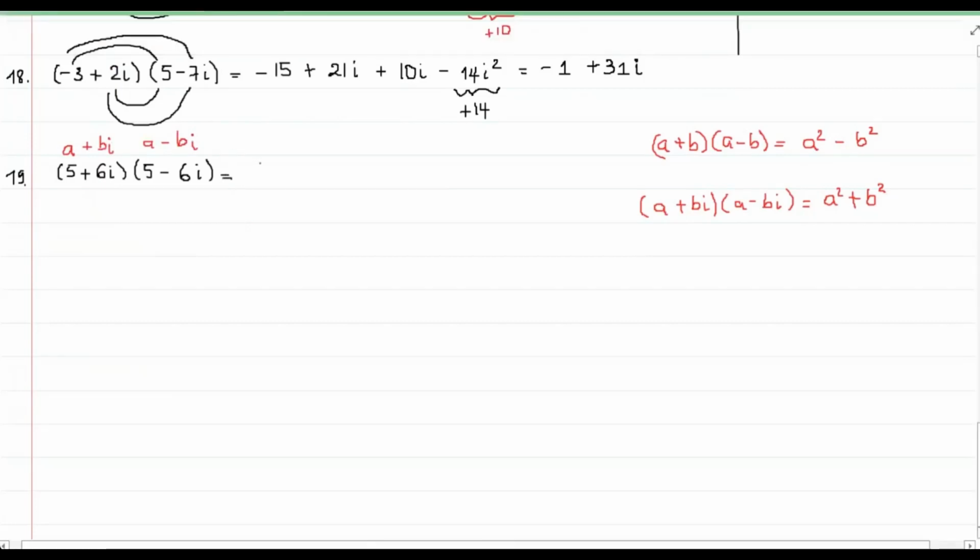This one equals a, 5 squared, plus 6 squared, that's 25, 36, 61.